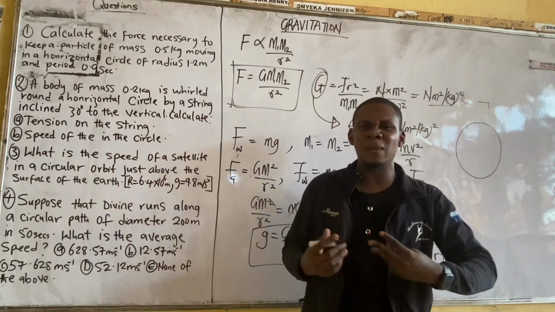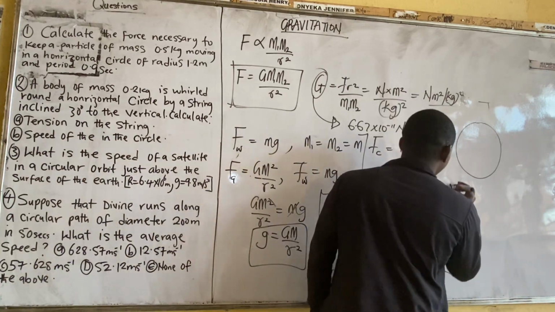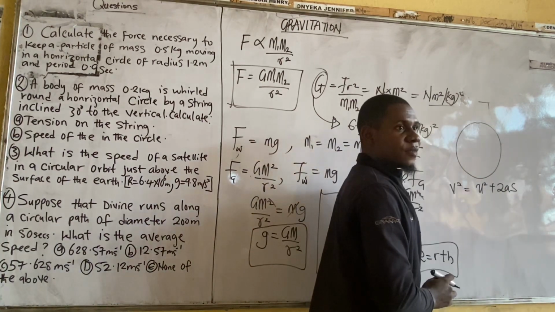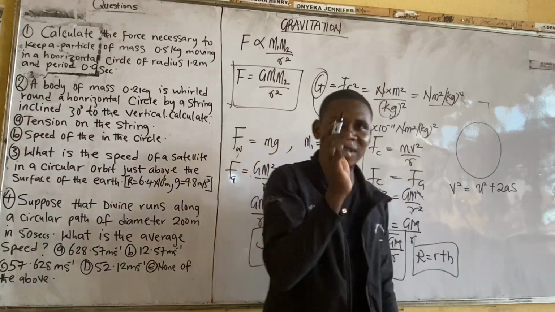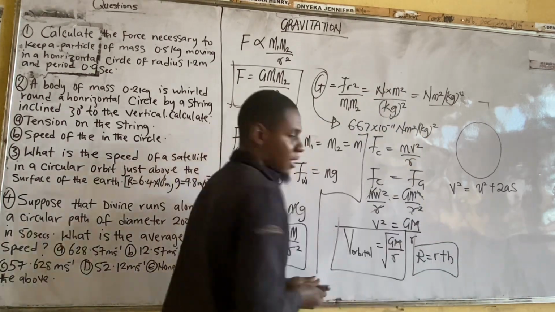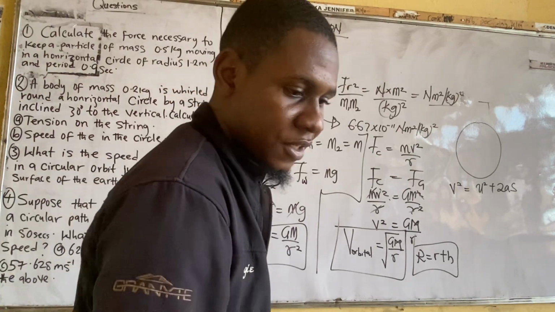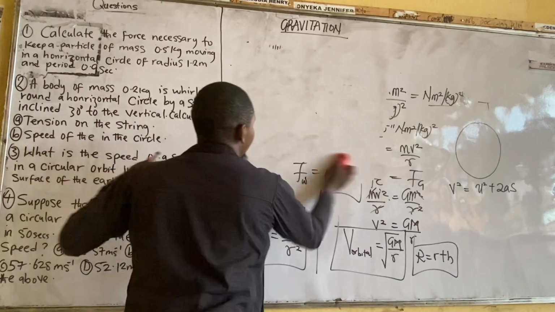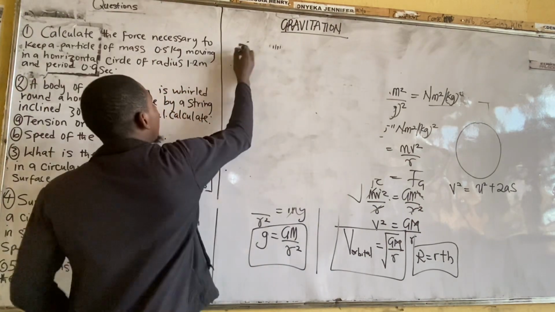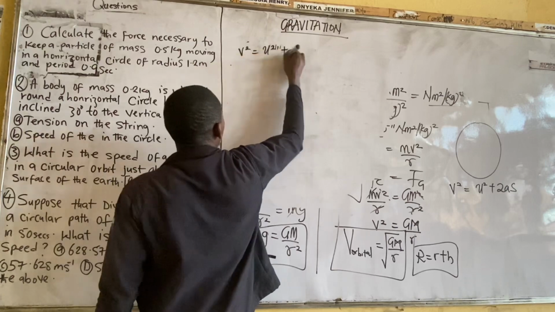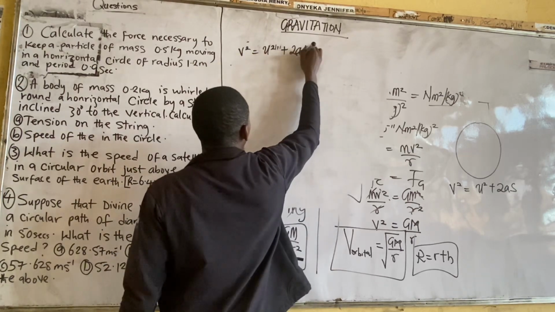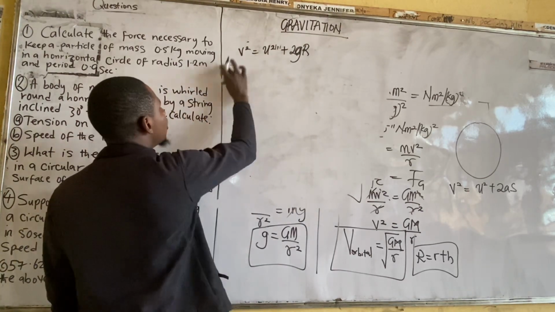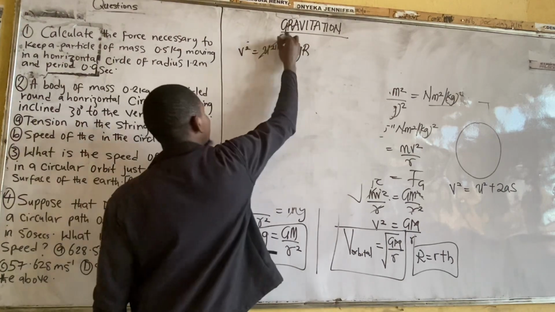If you still remember from your elementary knowledge of motion, we have that v squared is equal to u squared plus 2ax. In this case, since we are talking about a circular body, the distance s is the radius. So from the equation of motion, v squared is u squared plus 2 times g times R. Let's say the body is coming from rest, so the initial velocity is 0.